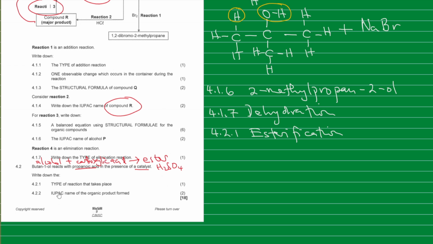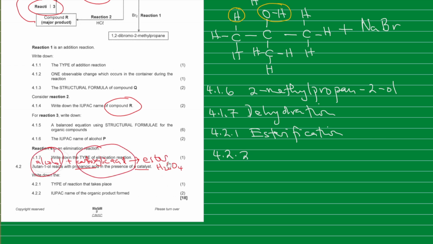Right. Then write down the IUPAC name of the organic compound formed. The IUPAC name that we get here, remember, we are reacting an alcohol and a carboxylic acid.